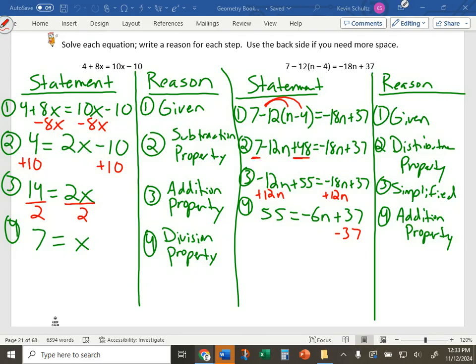So in red, algebraically, we're subtracting 37 from both sides here. That means our next statement, 55 minus 37 is 18, equals negative 6n. Our reason for doing it? The subtraction property.